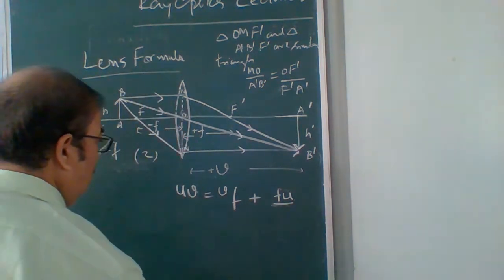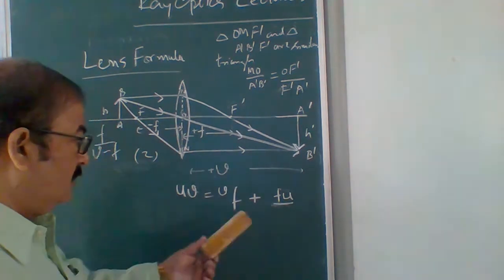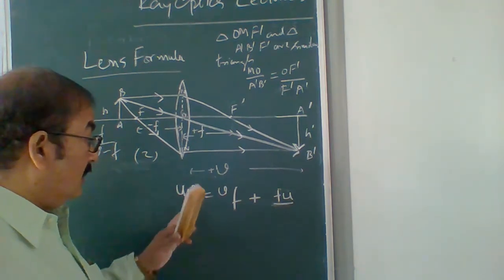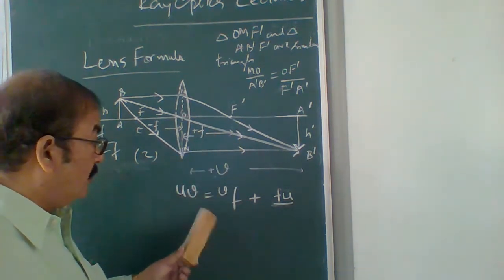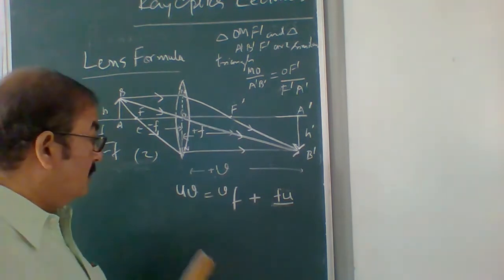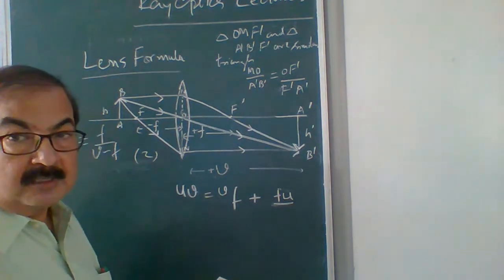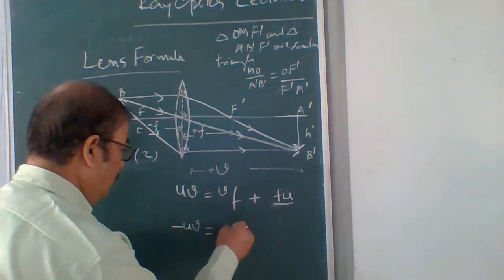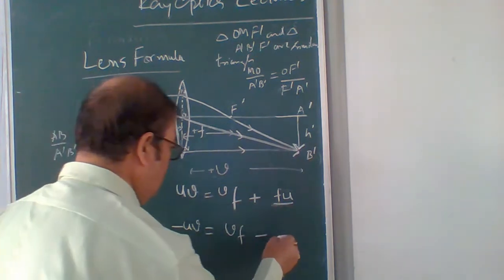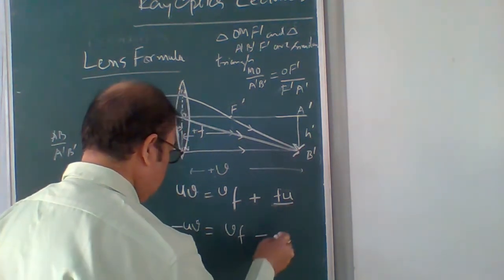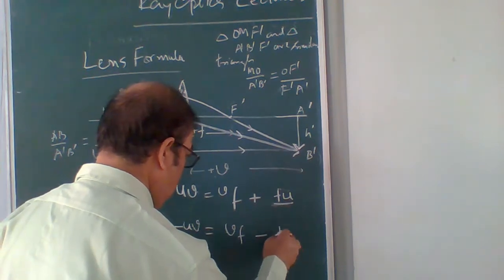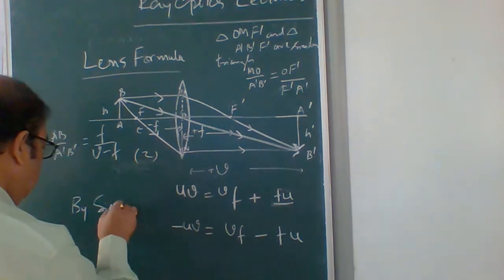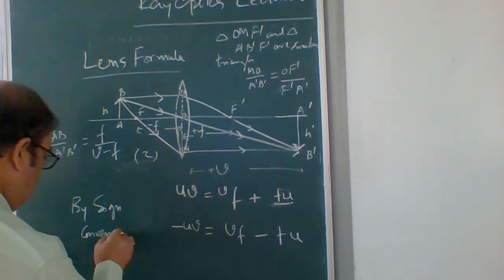We know the focal length of a convex lens is always positive and the focal length of a concave lens is negative. Here the focal length of the convex lens is positive, so we take F as positive, but U is always taken as negative. Therefore, this is negative UV, and this is positive, and this is again negative Fu, by sign convention.